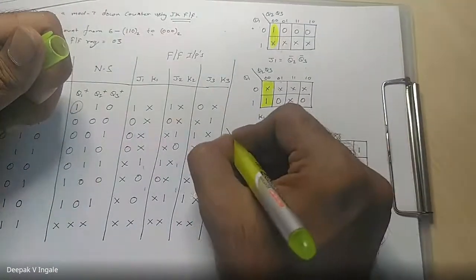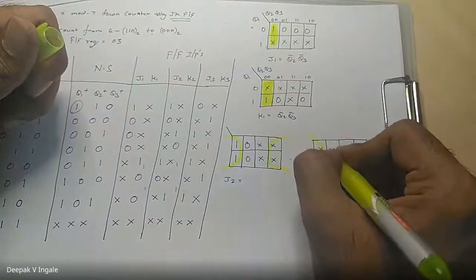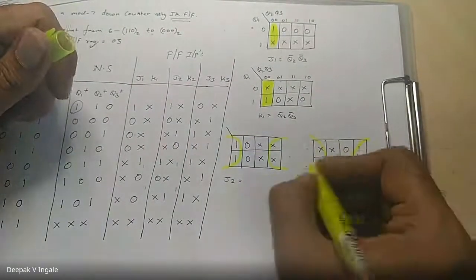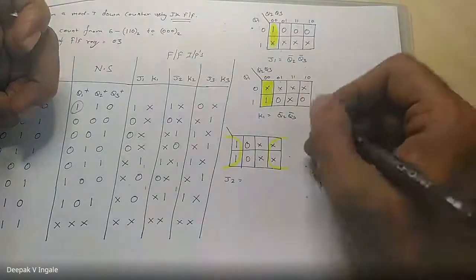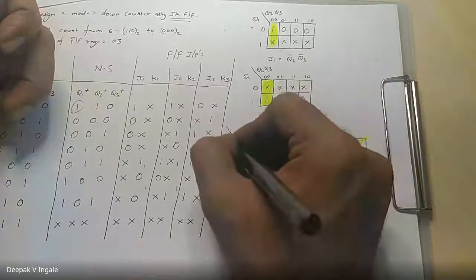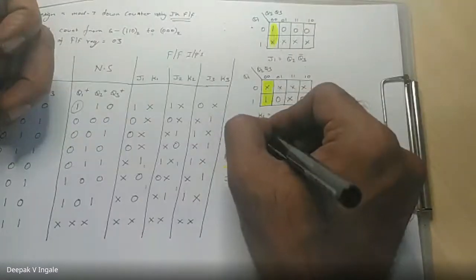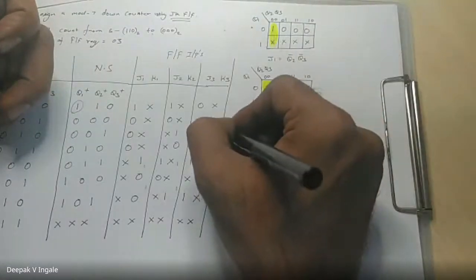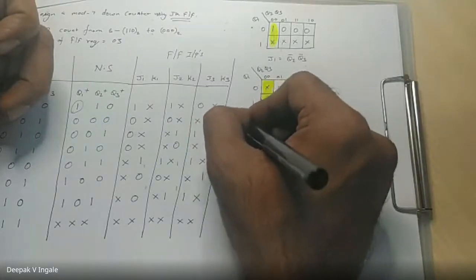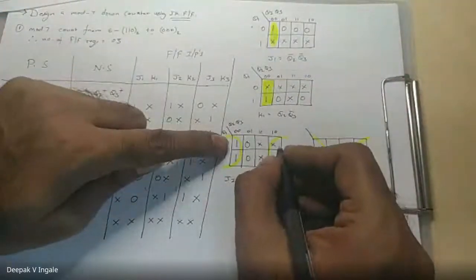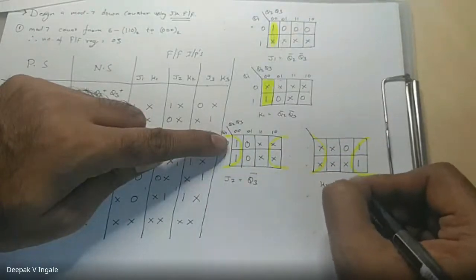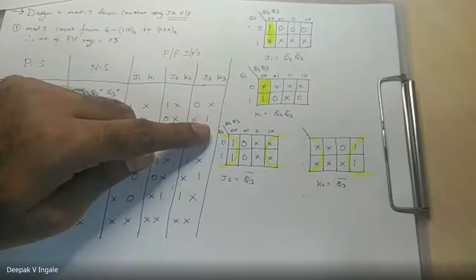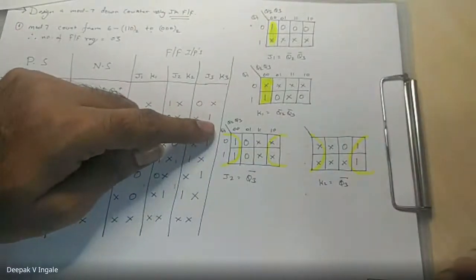You can group them into one quad. So what do you get here? You get Q3 bar. Correct? Yes?